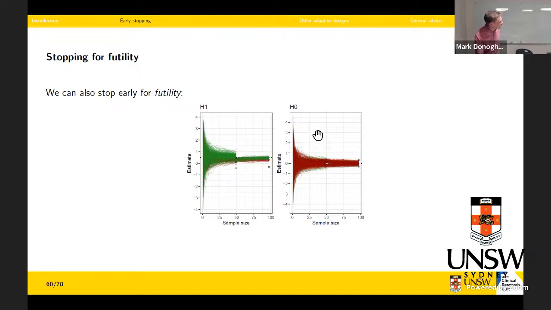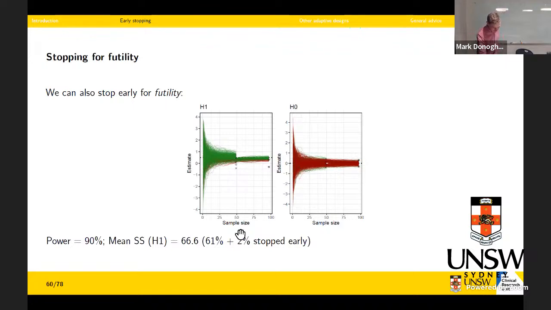So under H0, when there's no true difference, some of our hypothetical studies go between those gates at halfway, and we are able to stop early and declare that there's no difference without having to go all the way to, oh, this is not 85. For some reason, the software wouldn't give me a sample size of 85. So this is closer to 100.